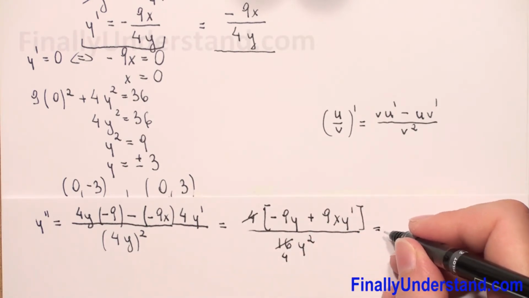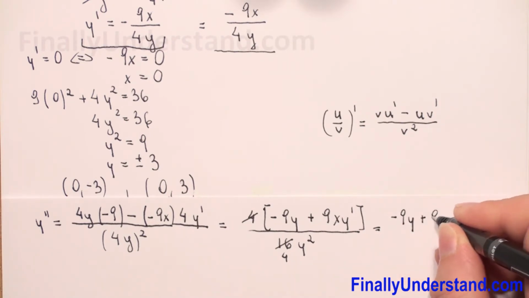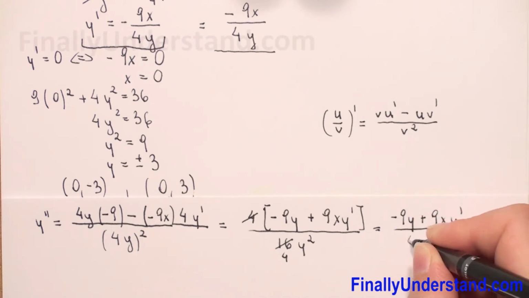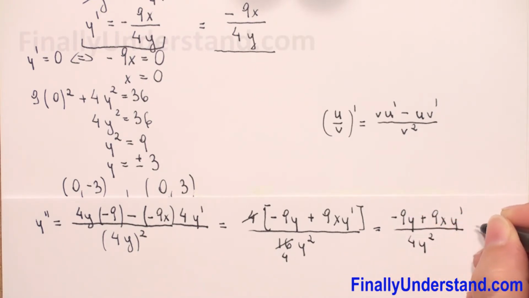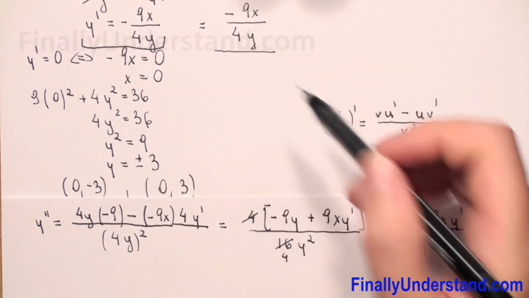So we have negative 9y plus 9x y prime over 4y squared. Now we will replace y prime by this formula.